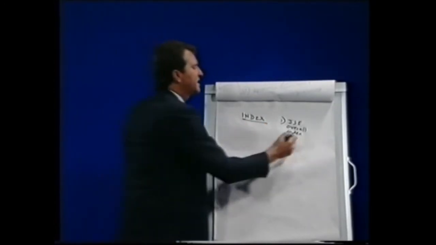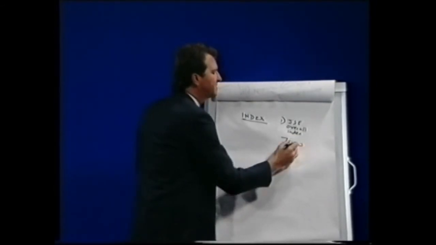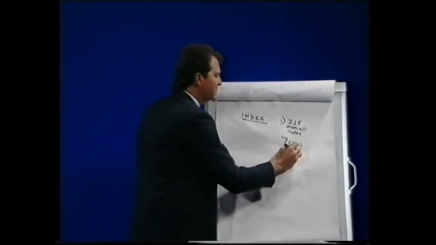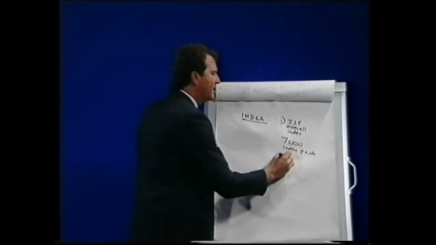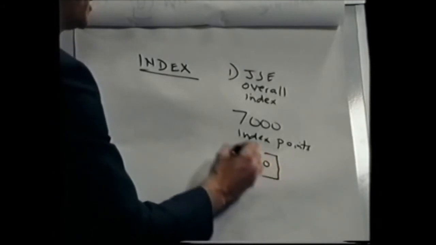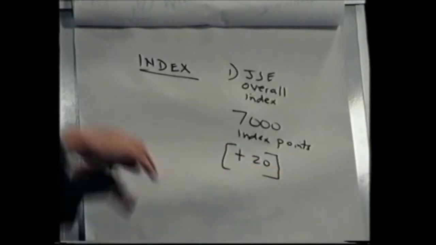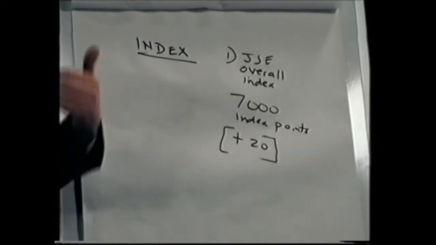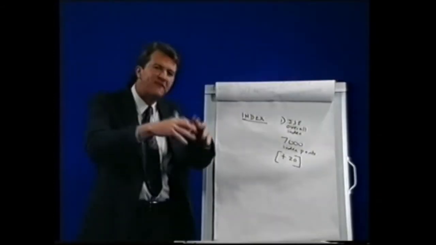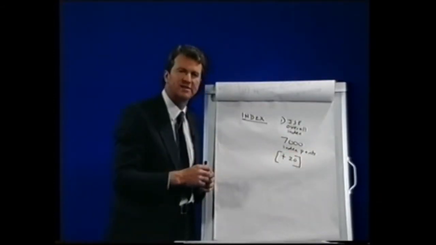And if on your television set you are told that the market is currently at 7,000 index points, for example, and today has risen by 20 index points, then you will understand that overall, or generally speaking, share prices have gone up. In other words, the value of the stock market has risen by 20 index points.